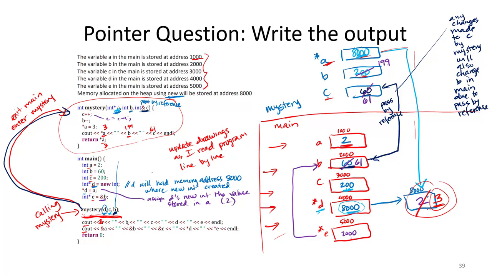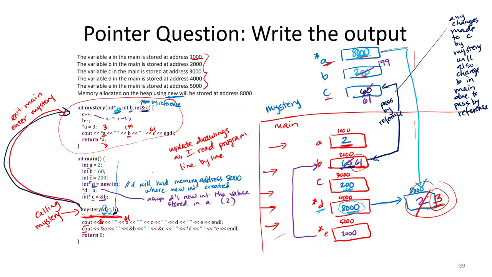If I output B to the screen, that's going to output 61. Remember, because of pass by reference, the changes made by Mystery still caused B in main to be changed.